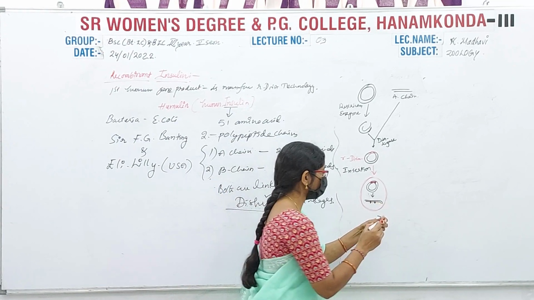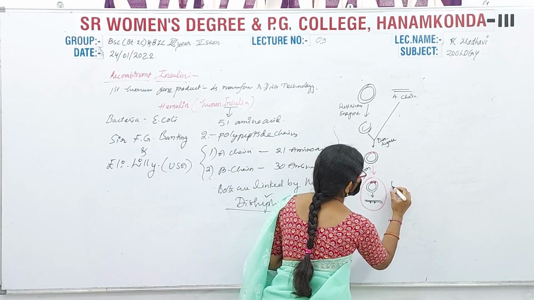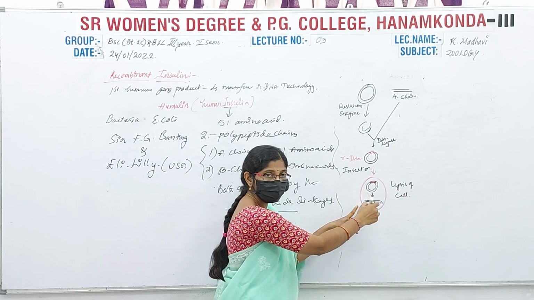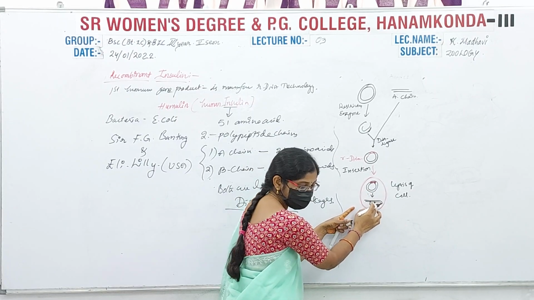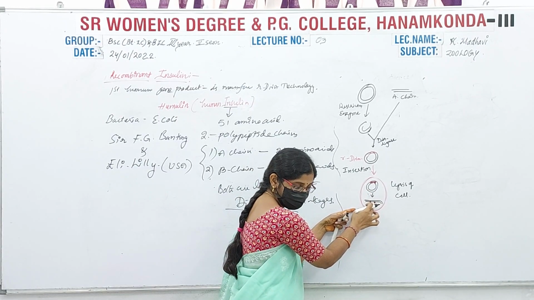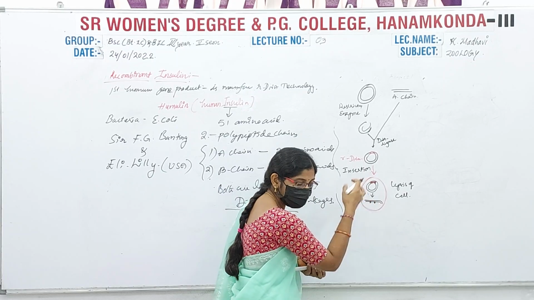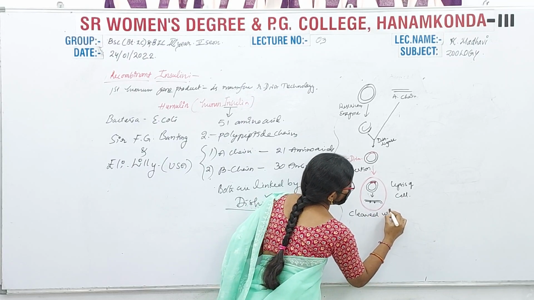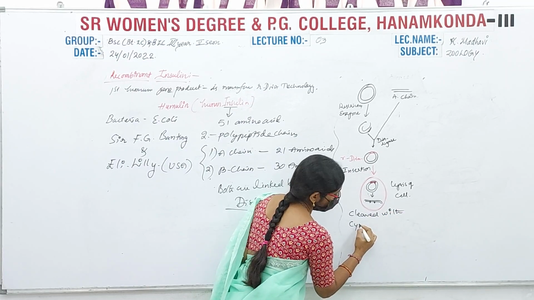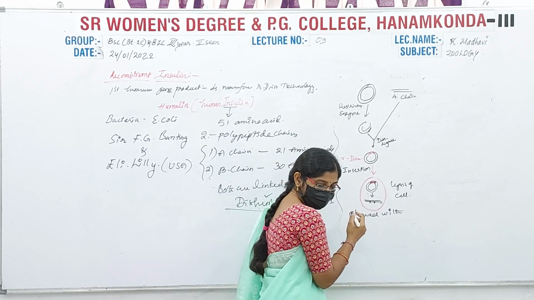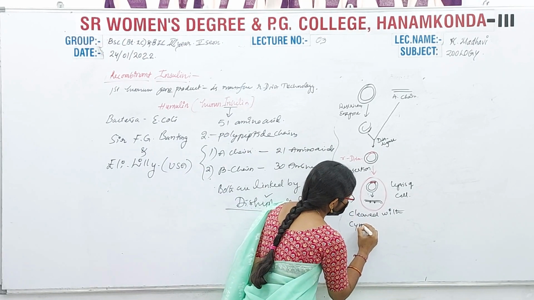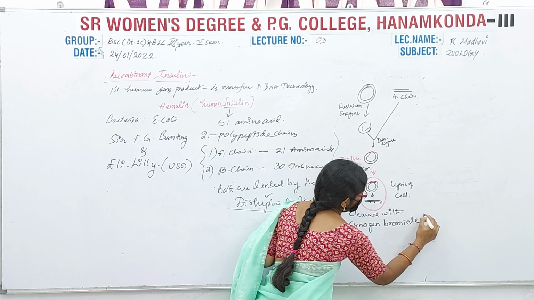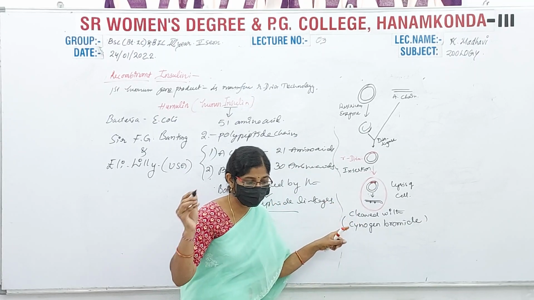Here the lysis of cells occurs, and when we get these amino acid sequences, they are cleaved with cyanogen bromide.